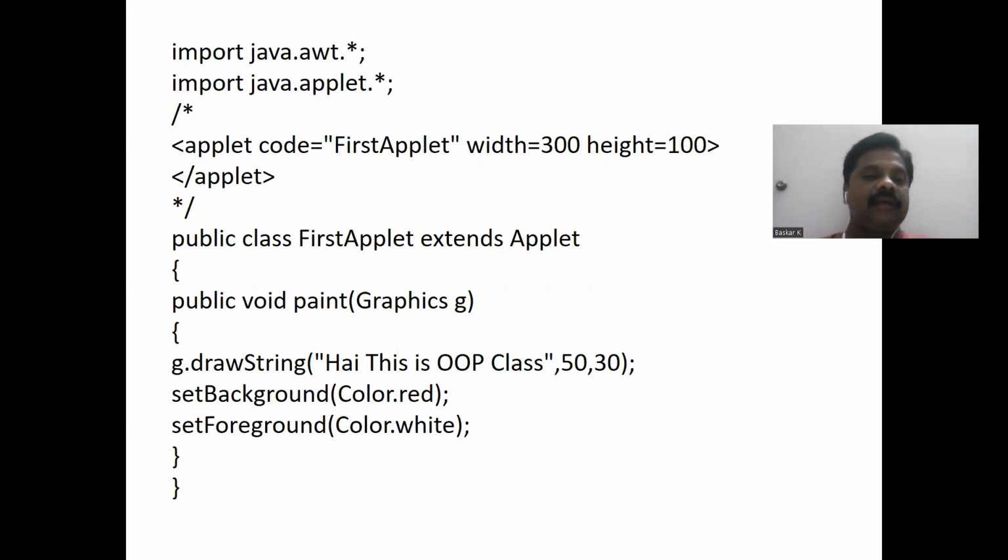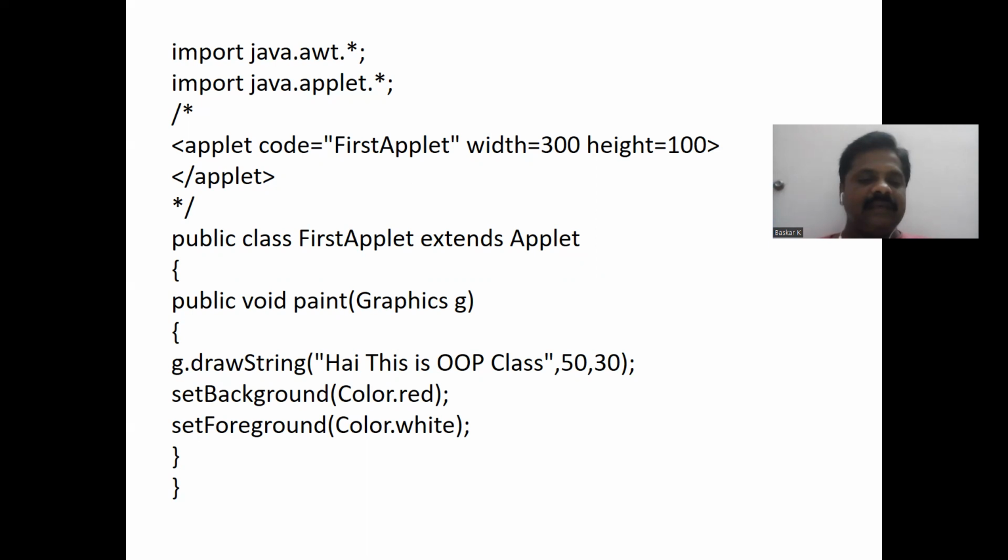These are the header files or libraries we are importing here. After that, we need to create an applet with height and width. Then we have to create a class. Inside the class, we are using a paint method, and we have drawString with a message like "Hi, this is swoop class".